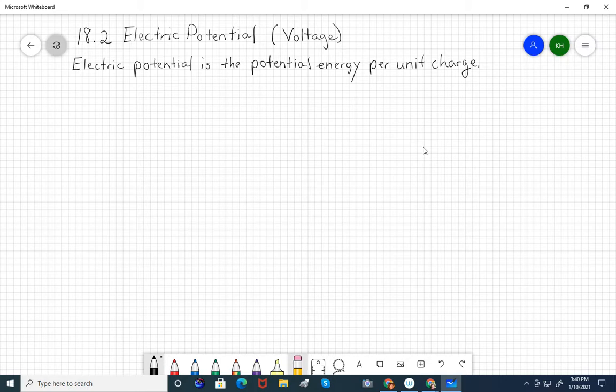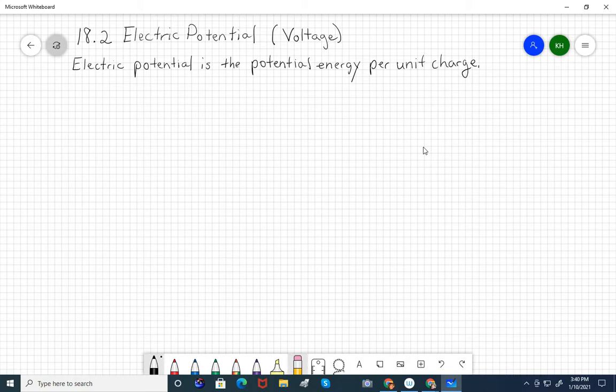Electric potential is very, very similar to height. If we're thinking about gravitational potential energy, we know an object's gravitational potential energy can be found using mgh. If we increase h, we increase gravitational potential energy. In a very similar way, if we increase the voltage or the electric potential, we are increasing the electrical potential energy.